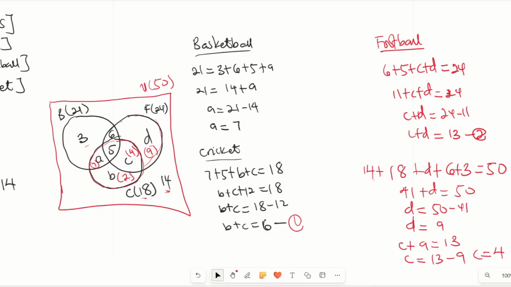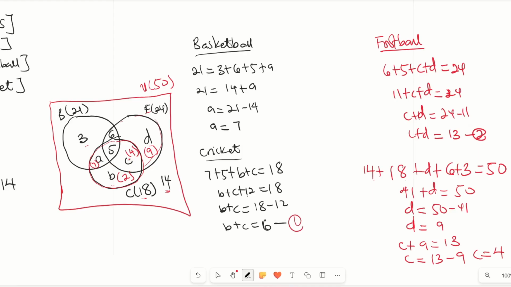So now that we have all the regions, we should be able to answer the rest of the question. So if we've gotten our diagram, we've been able to get all our regions. Now part II is asking us to find the number of students who like football and cricket only, right? So this represents football only. So football and cricket only. So this is football, this is cricket, right?